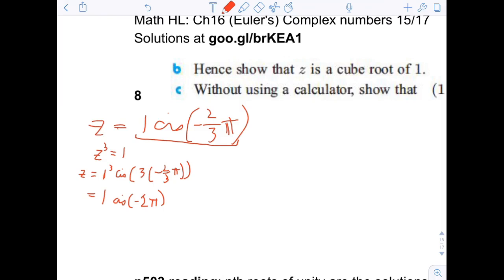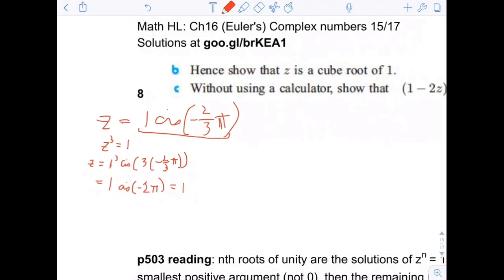And negative 2 pi is the same thing as cis 0, so that's equal to 1. So, okay, we've shown that z is a cube root of 1.